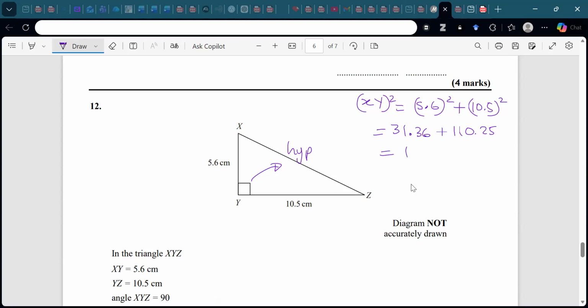So the sum is 141.61. So that's XY squared. So we take the square root of both sides, XY, square root of 141.61.